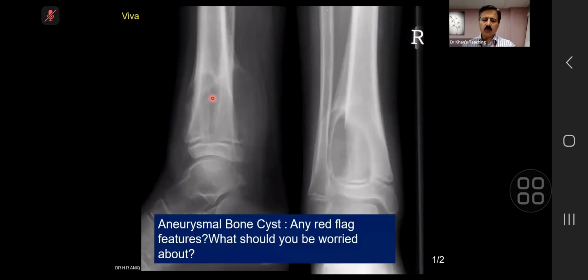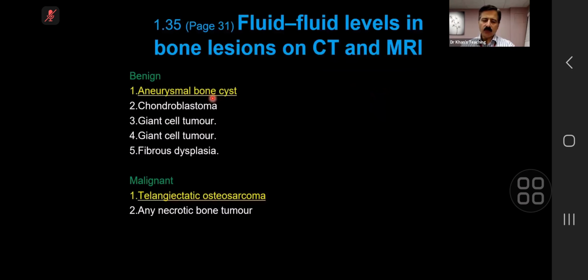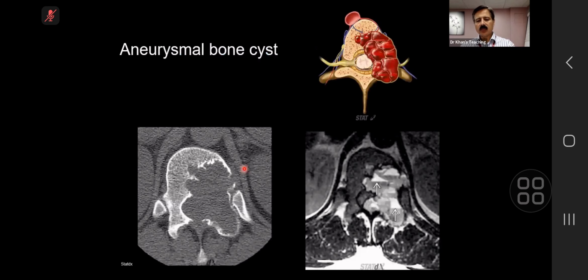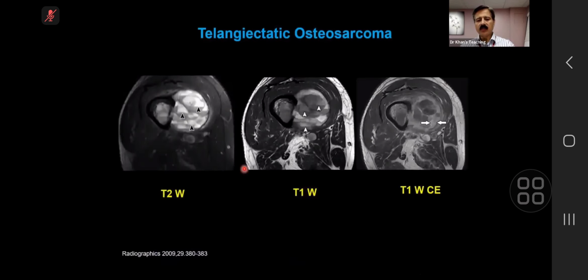Aneurysmal bone cyst versus telangiectatic osteosarcoma, you have to worry about this. So you go back to this differential. There are benign lesions which have got fluid levels, and a telangiectatic osteosarcoma can also have fluid levels.